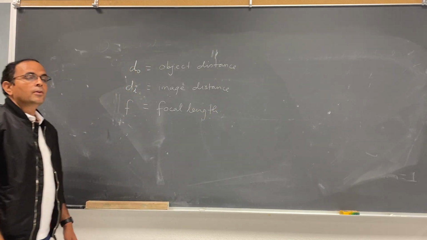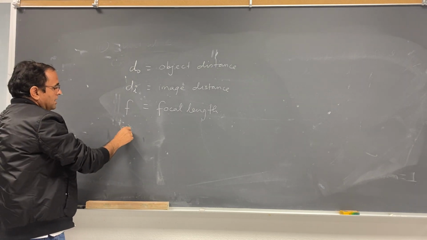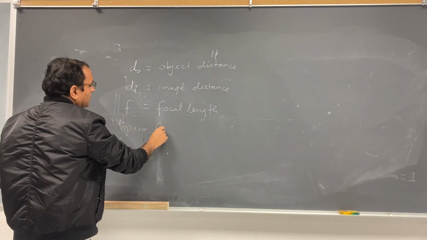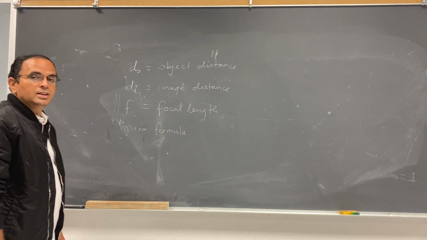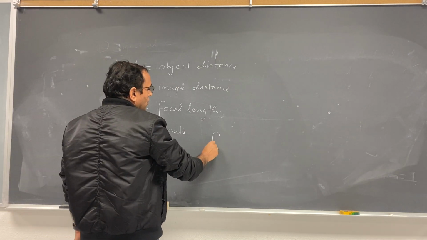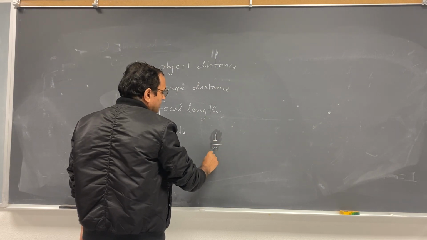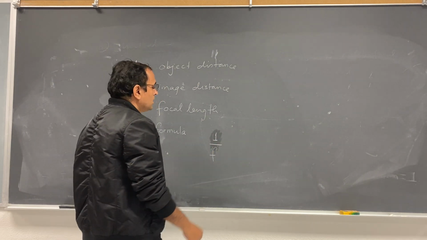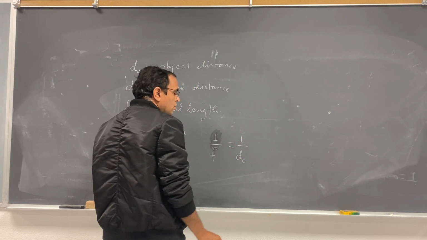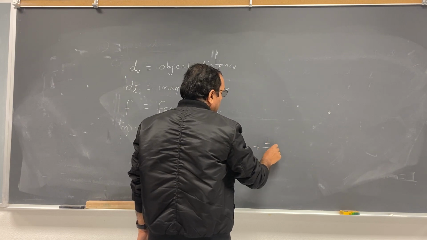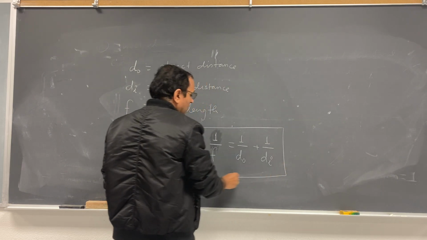So there is a formula. We call it the mirror equation, or mirror formula. We can derive this formula also. 1 over f, 1 over the focal length, is equal to 1 over the object distance, 1 over d_o, plus 1 over the image distance, 1 over d_i.